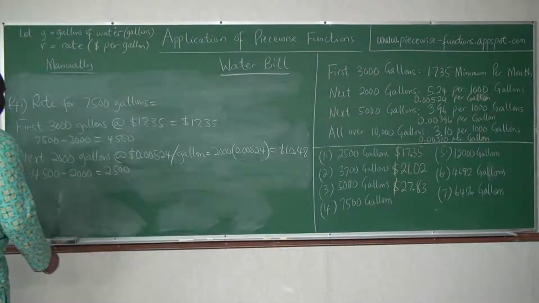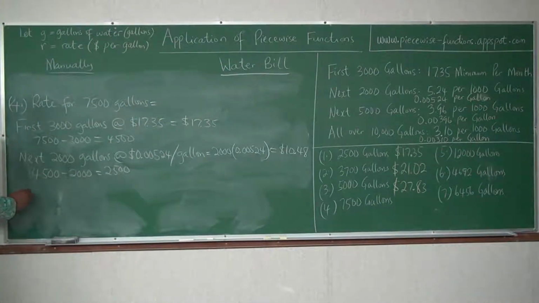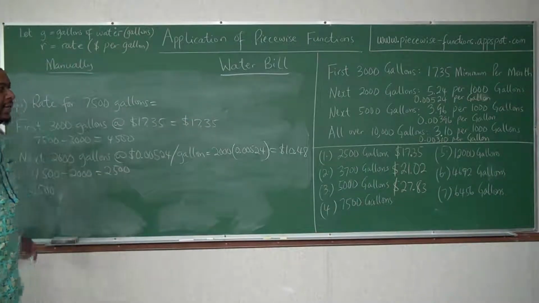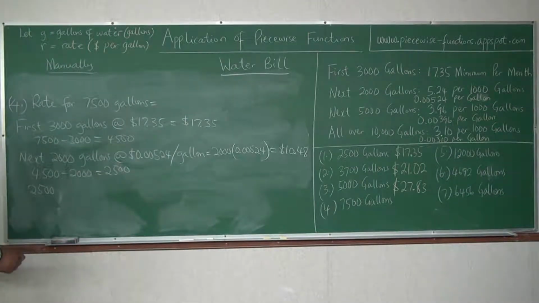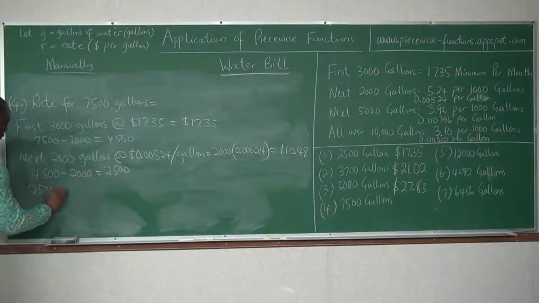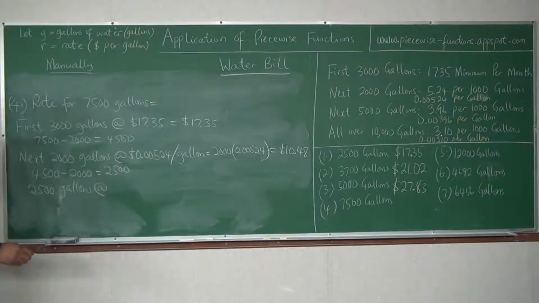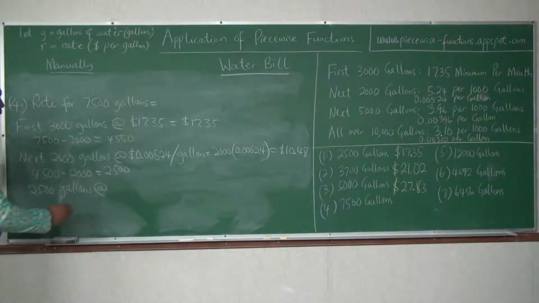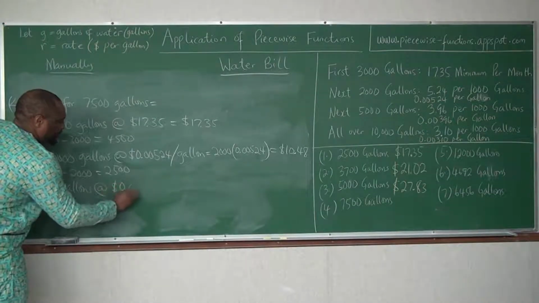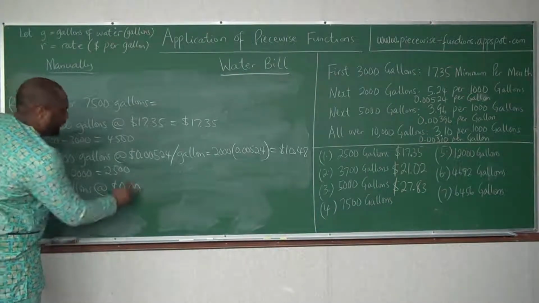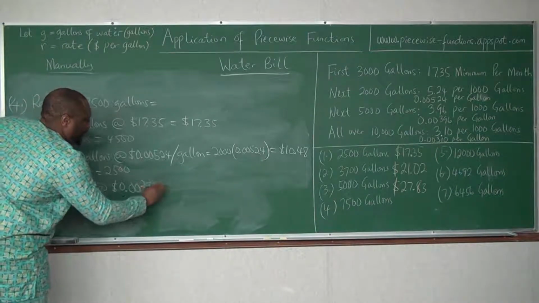So you now have 2,500 gallons, because it will fall here, next 5,000 gallons. So you have 2,500 gallons at 0.00396 per gallon.